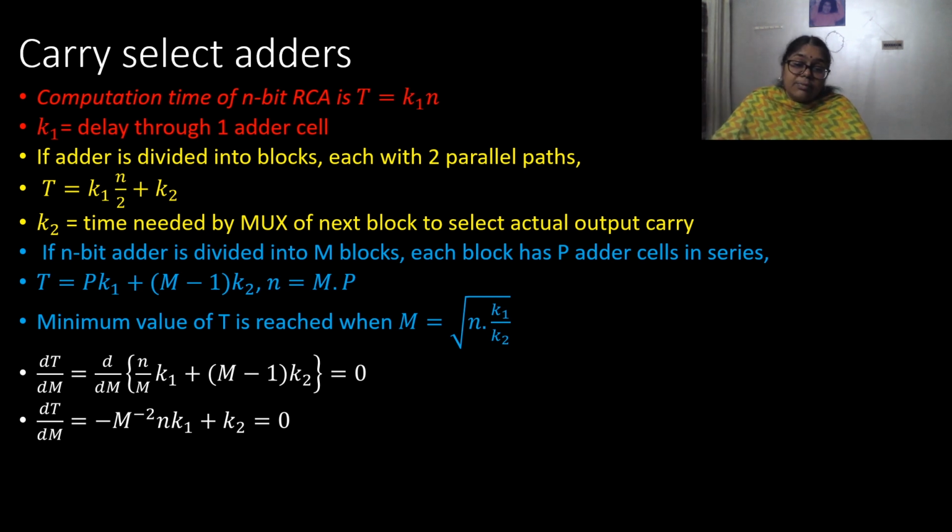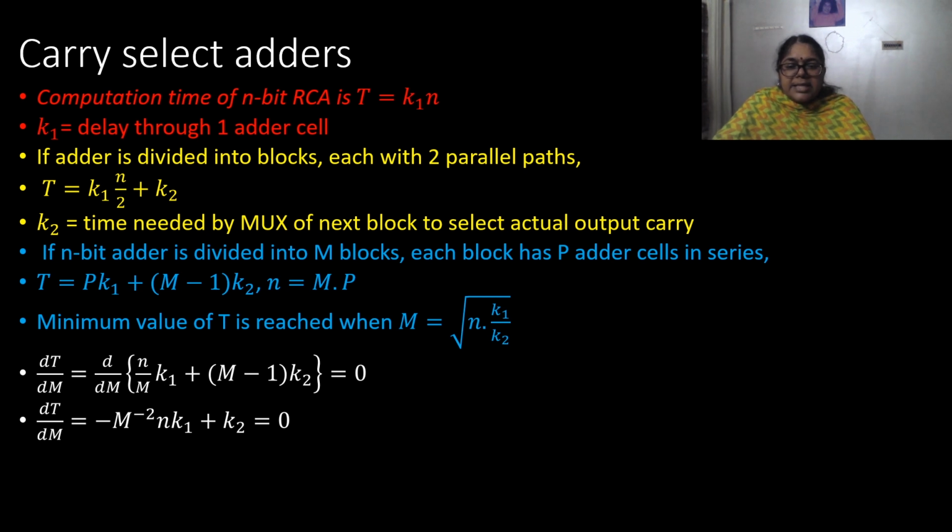Now, how do we find the minimum value of t? The minimum value of t can be obtained by differentiating t with respect to m and equating it to 0. Thus, dt by dm is d by dm of p k1 plus m-1 into k2.